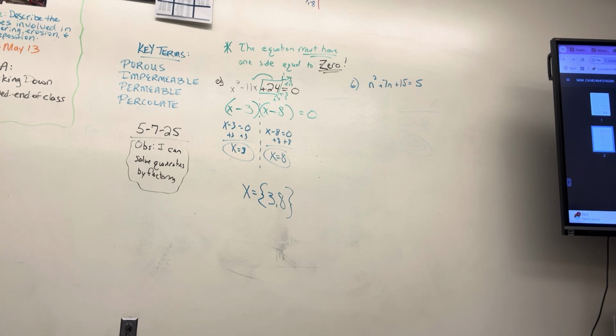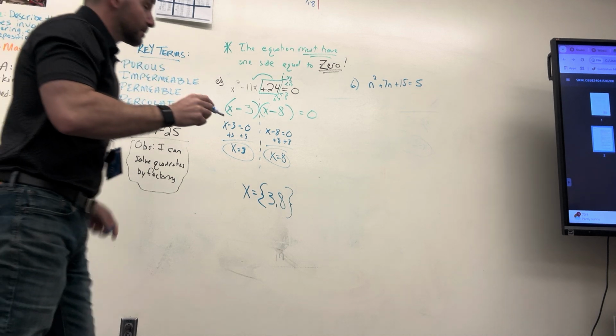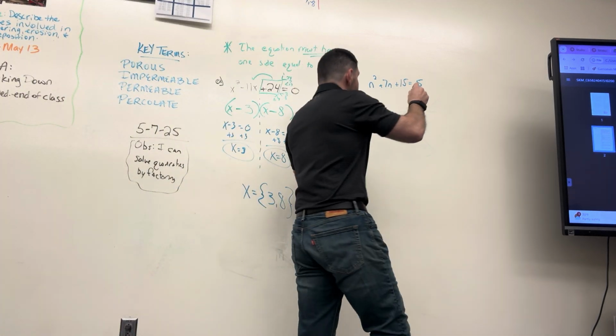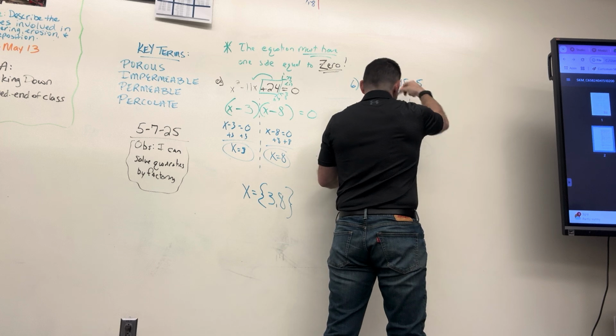So we, being smart young men and women or older men, what do we have to do to get this equation to equal 0? What side should we move? Do we want to move the n squared, 7n, and 15 all to the other side? Or do we just want to move the 5? The 5. It's easier to move one thing. Does everybody agree? So, how do I move a positive 5 from this side to this side?